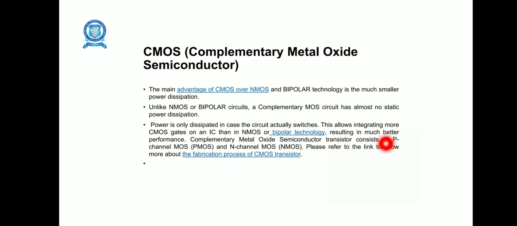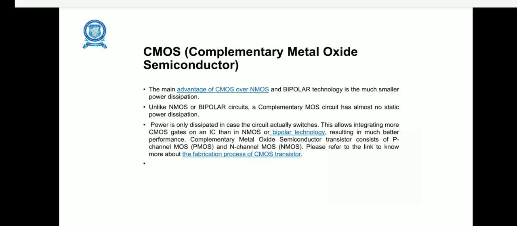This technology makes use of both p-channel and n-channel semiconductor devices, and one of the most popular MOSFET technologies available today is the complementary MOS or CMOS technology. This is the dominant semiconductor technology for microprocessors, microcontroller chips, memories like RAM, ROM, EEPROM, and application specific integrated circuits.